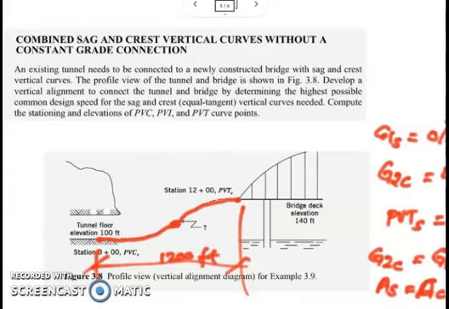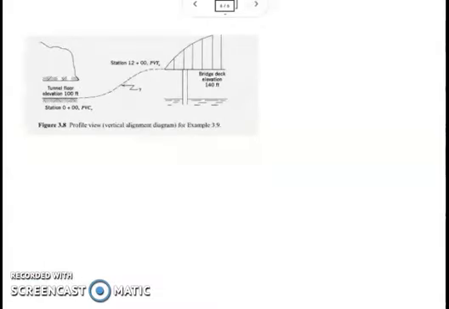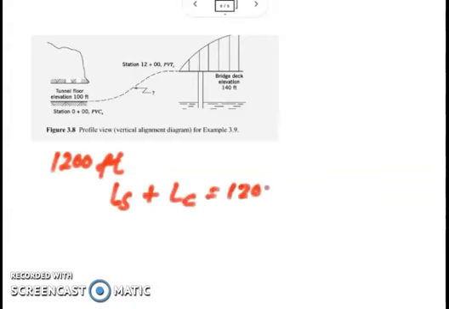So therefore, we have already established some of the parameters. Since the tunnel and the bridge are separated by 1,200 feet, we can have the equation that L sub S, the length of the sag vertical curve, plus the length of the crest vertical curve, is equal to 1,200.